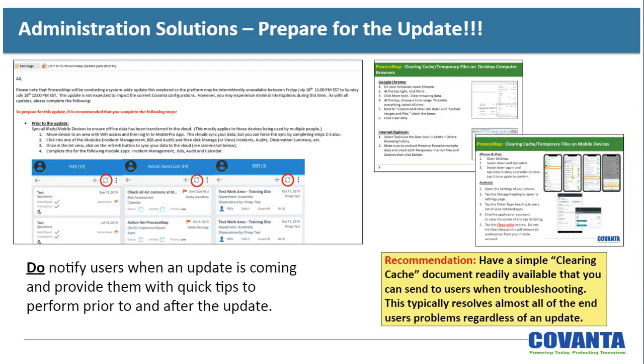With that being said, I recommend that all admins create a 1 or 2 page PowerPoint that is just a quick guide of how to clear your cache, okay? It's really important right after an update to have that document, because you have to clear your cache or things don't work. But 99% of the problems I get, if I send my user with the issue that document and say, hey, try this first, it's almost always resolved.